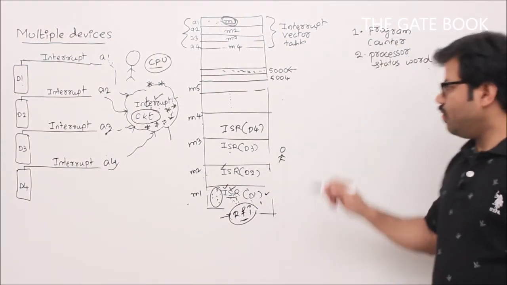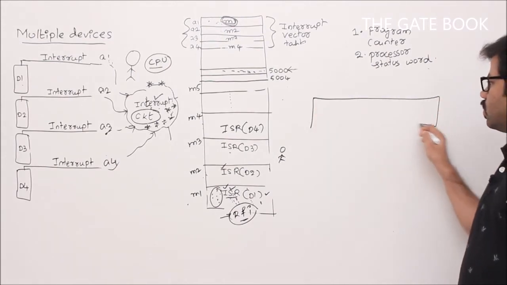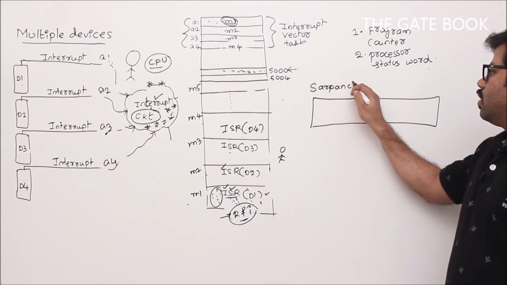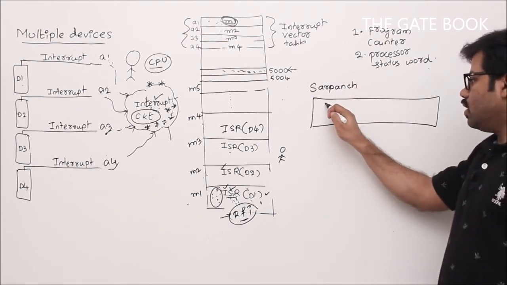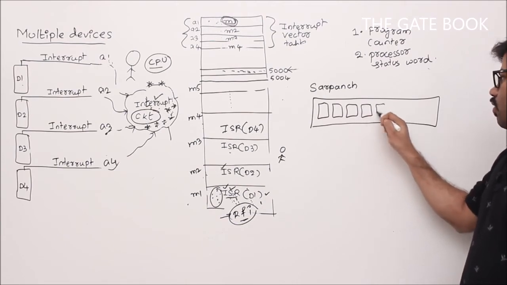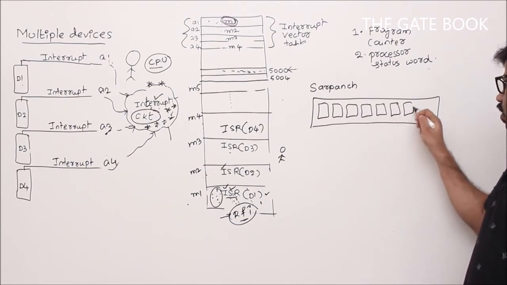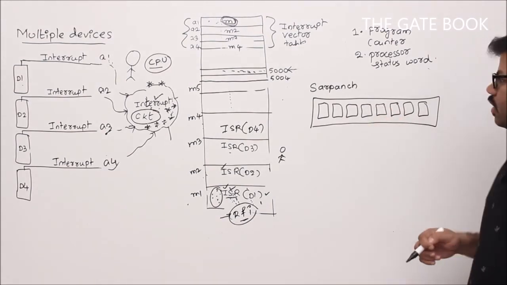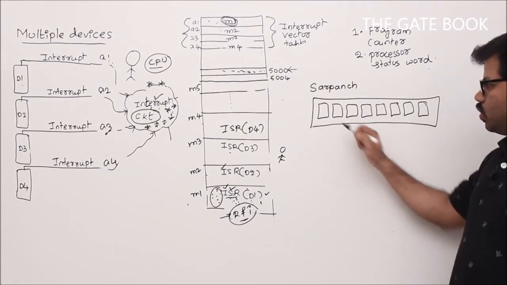Now I will give you an analogy for that. Example, let's say there is a village and the head is the Sarpanch. He is the head of the village. These are all the various houses. Currently there are a lot of villagers who are staying in these houses. Now you are a movie director, okay? Now you want to do some shooting here.